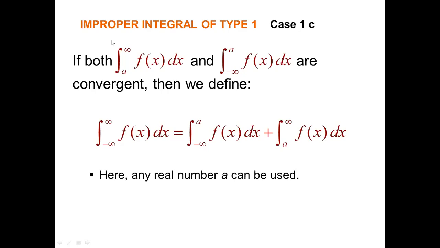But in here, you already have both limits as infinity, so you have your negative infinity and positive infinity. Here, any real number a can be used as the upper limit for the first integral and the lower limit for the next integral. This is still an improper integral, case 1c.